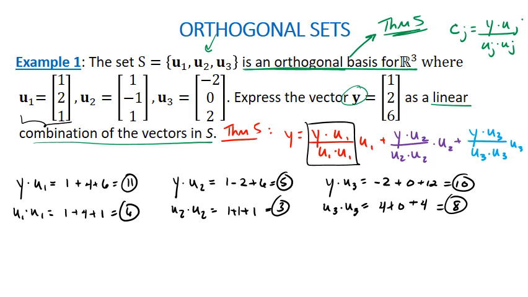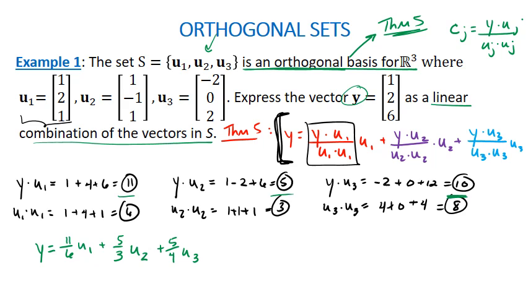Now I have all of the pieces for what I have written here, and I'm just going to plug those right in. So we end up with y equals, it's basically these fractions here, and you can reduce them. 11/6 times u1 plus 5/3 times u2 plus, when I reduce 10/8, I get 5/4 times u3.